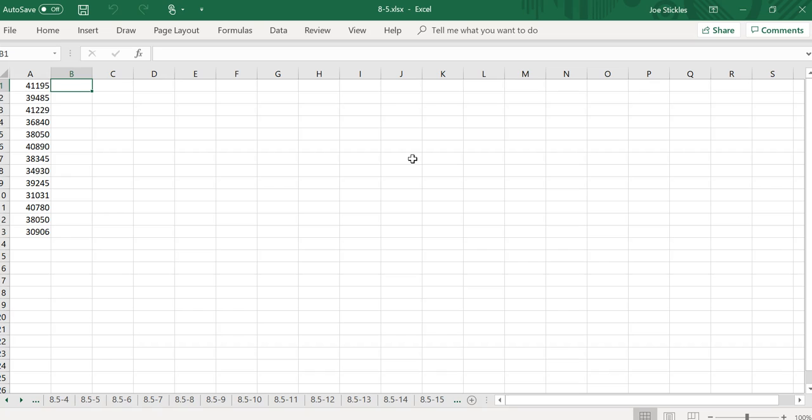So probably I could type it in, but probably the easiest way to do it is to use what's referred to as the sign function. And I'm just going to take the sign of this thing, the 41,195, and subtract 40,000. And then copy that down.